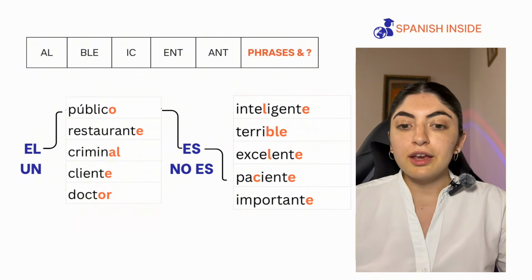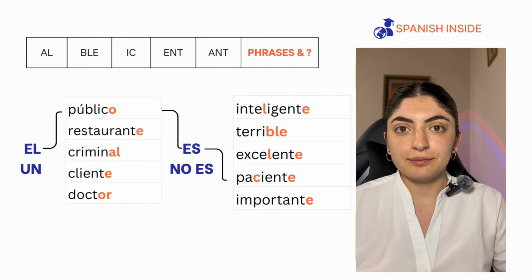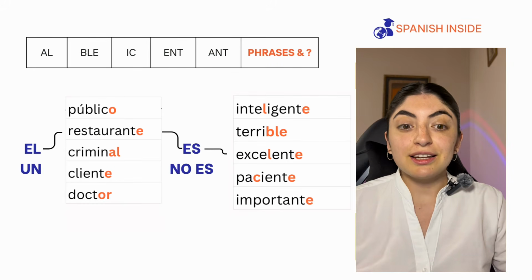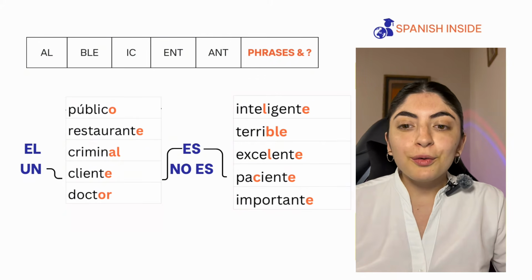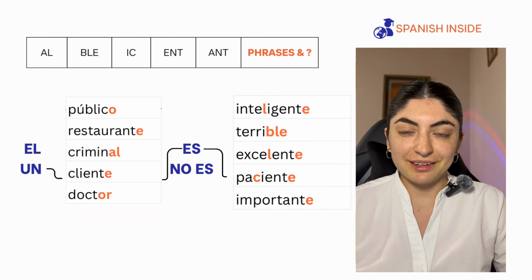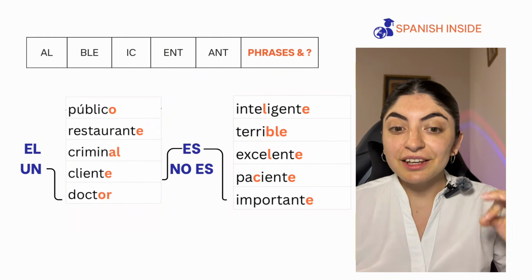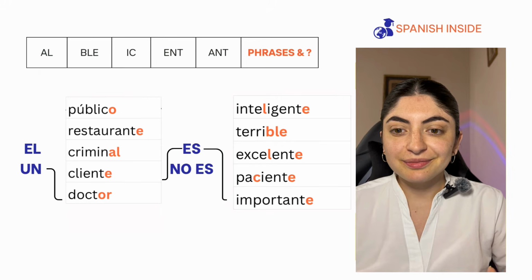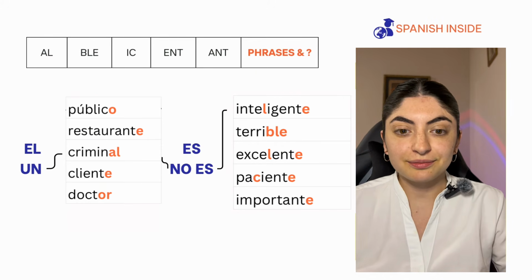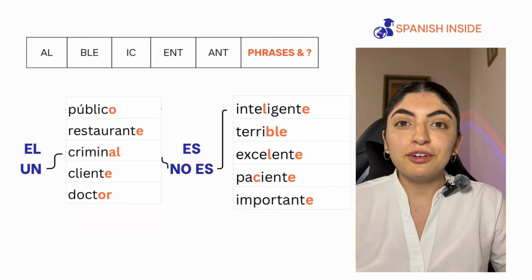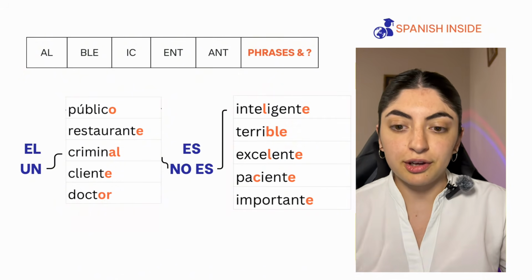For example, you can say, el público es paciente. El restaurante es excelente. Un cliente es paciente. Un doctor es importante. Un criminal no es inteligente. Now, write your Spanish phrase in the comments and I will correct it if it's necessary.